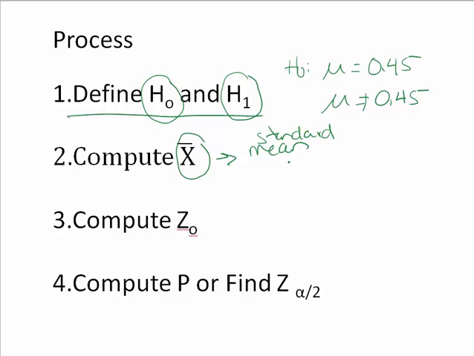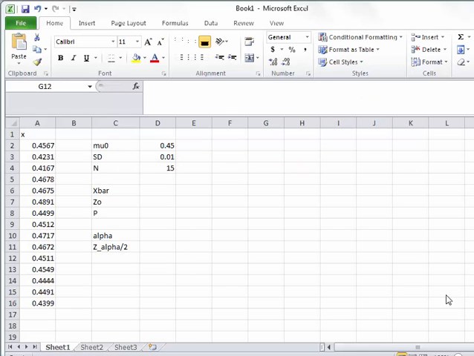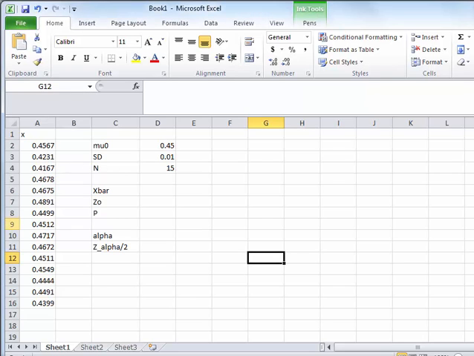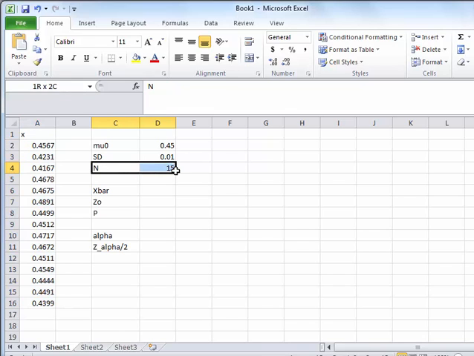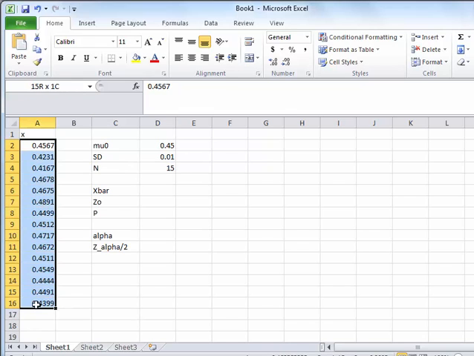So to do that, we're actually going to pull up Excel. You can see in Excel that I've already put in the values that we've collected for our sample. In our case, we had a sample size of 15. So we took 15 paper reams and we weighed them, and these are the different weights that we collected.